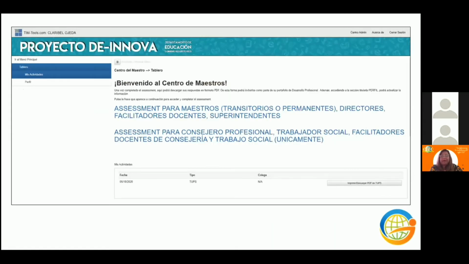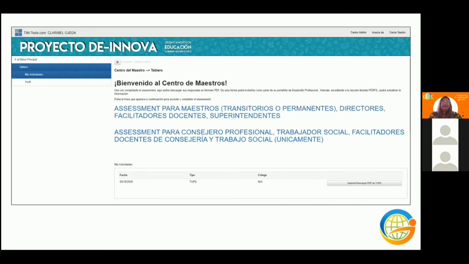So when you go in, another thing that we did, because we were doing this implementation in April, we had just finished the translation. Puerto Rico had two very difficult situations. One was the earthquakes at the beginning of the school year, and then came the pandemic. So it was very important for us that the entire process was very simple for teachers, so we would guarantee the highest turnout.